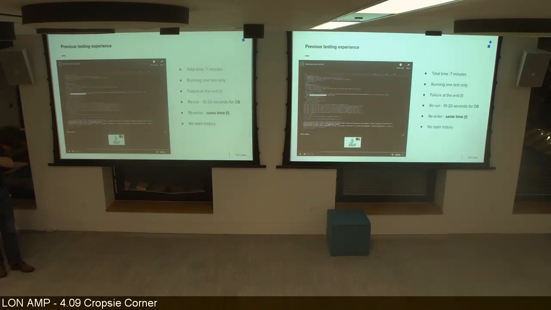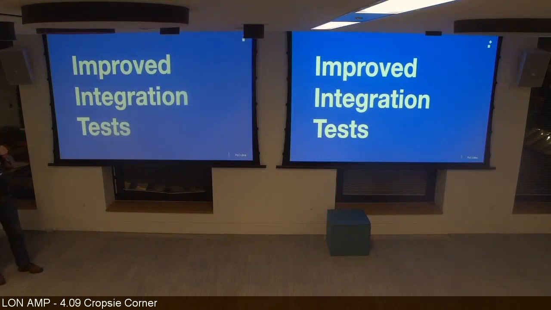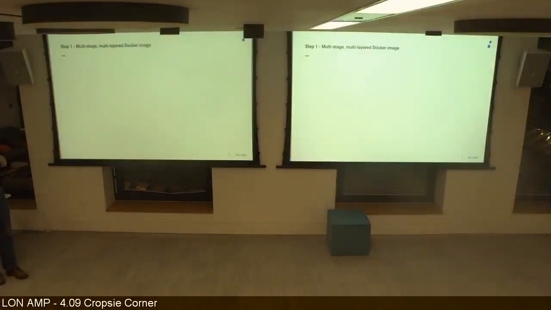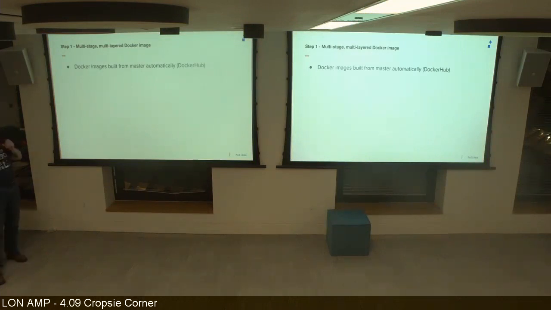And you didn't have bash history, which is, like, we are in 2019, so you probably want to use some of the new things which are there. So what is it right now? What happened? I implemented Docker images, which are multi-staging and multi-layered, and it means that they rebuild only the last part that is needed. So it's very fast to rebuild new images when new dependencies come.